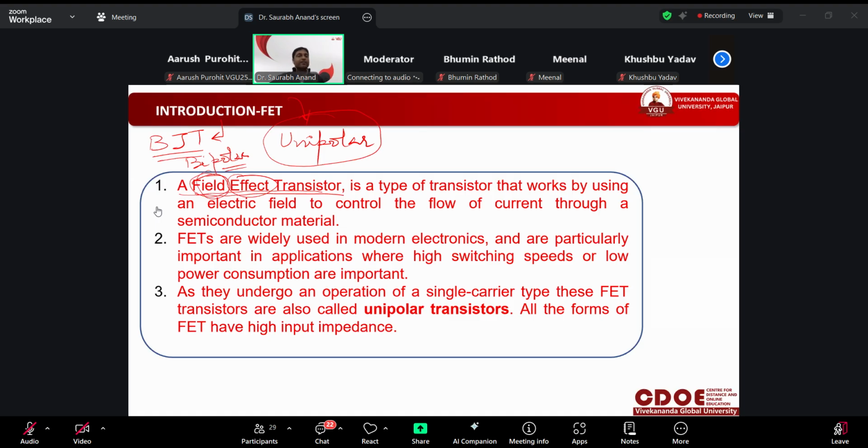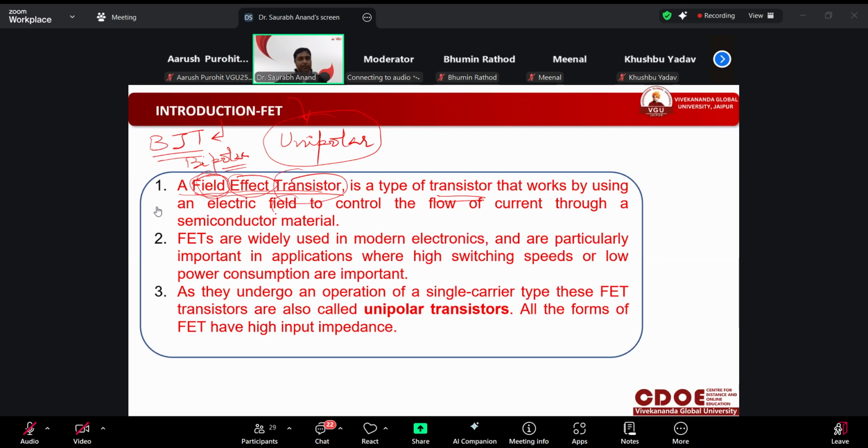That means the effect on the charge carrier is of the field, the area through which it is flowing. If we vary that, the flow of current will be varied. This is a special type of transistor. This is also a transistor because the last T is transistor.